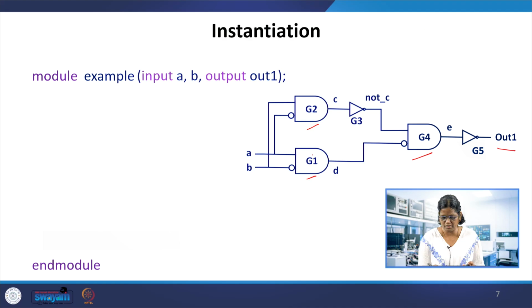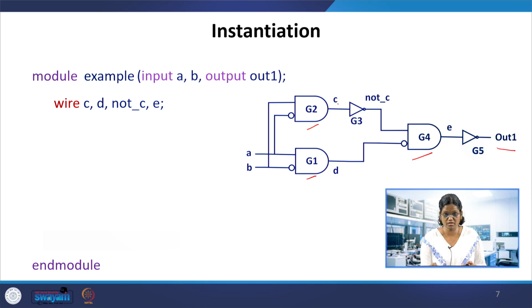What other signals need to be declared here? C, D, not C and E are supposed to be declared. So wire C, D, not C and E are the wires which are making the physical connectivity between the elements.